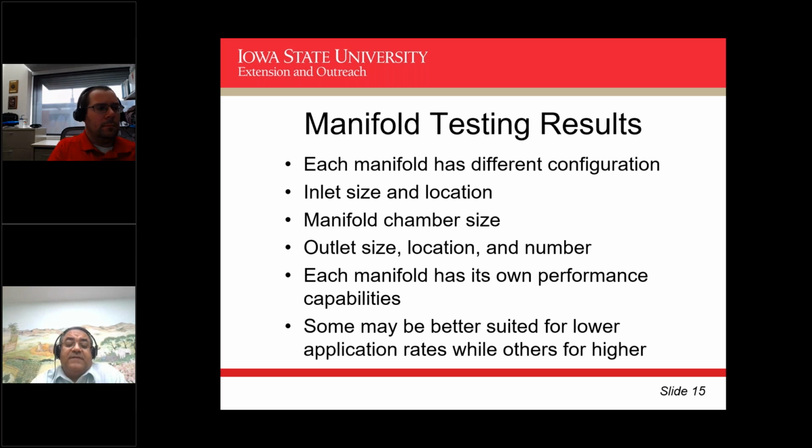So all these characteristics of the manifold can lead us to different performance capabilities. So I do want to point it out that as you see the results of different testing that we have done, don't assume that the manifold is no good. It's just that it has its own performance capabilities. So some of the manifolds are suited for lower application rates, while others may be suited for higher application rates.